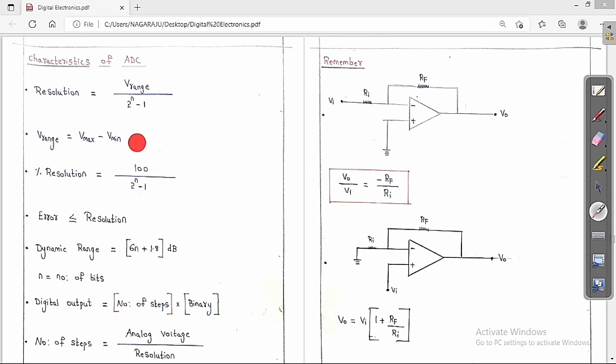Because if you see clearly, we take V range as 100%. Then what is the percentage resolution that we need to figure out?